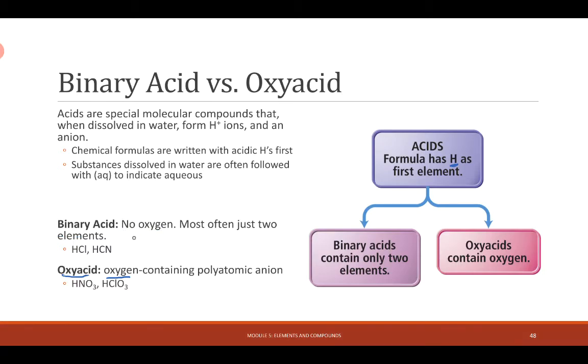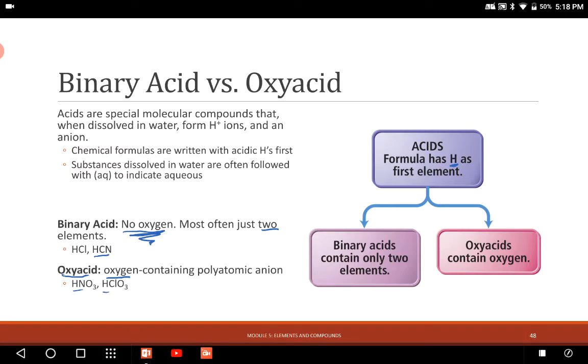Typically, binary acids consist of just two elements, hydrogen and something else, but you can have things like HCN, which contains no oxygen, and it's still classified and named as a binary acid, even though there's three different elements. It's just that there's no oxygen. So hydrogen with our polyatomic ions that contain oxygen are oxyacids.